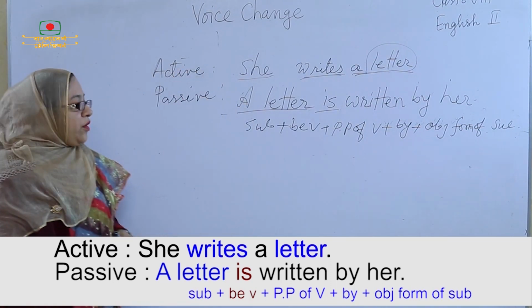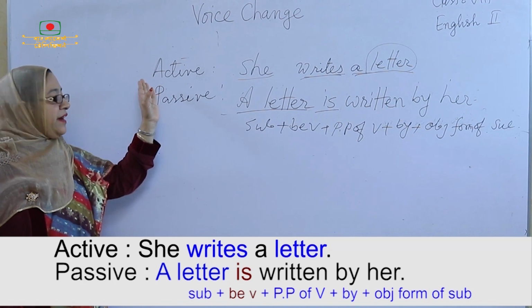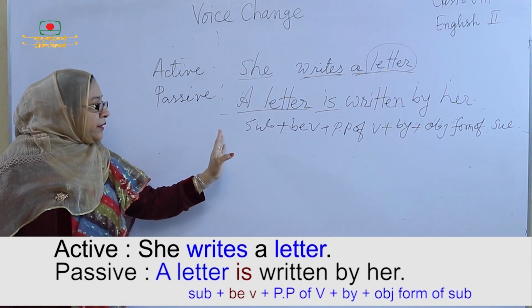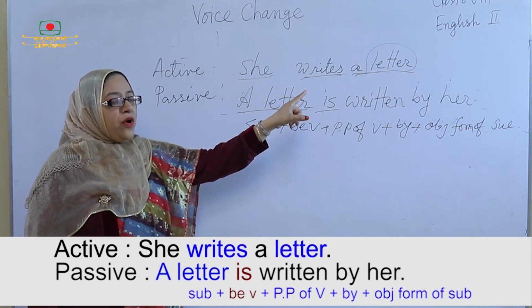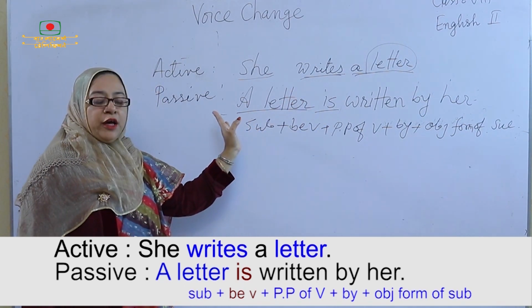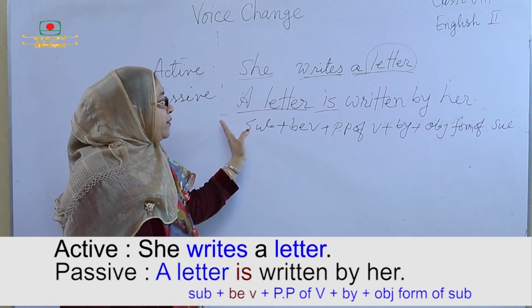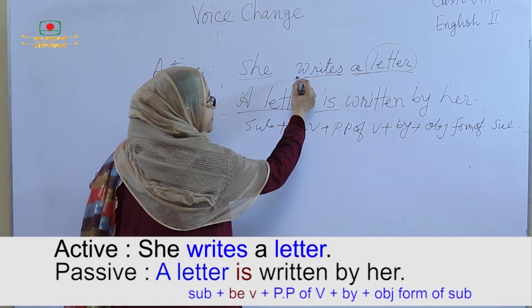This is the rule, how we turn active to passive. So we see that the object of the first sentence, a letter, becomes the subject of this sentence, and then I use the be verb "is" because it is present tense.